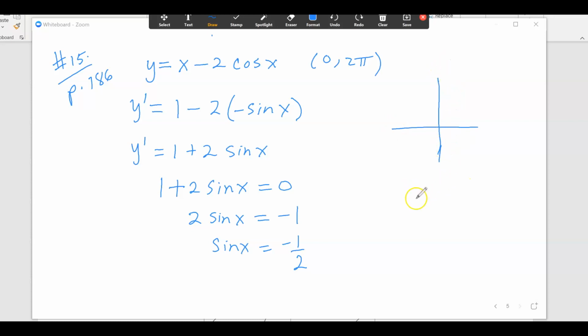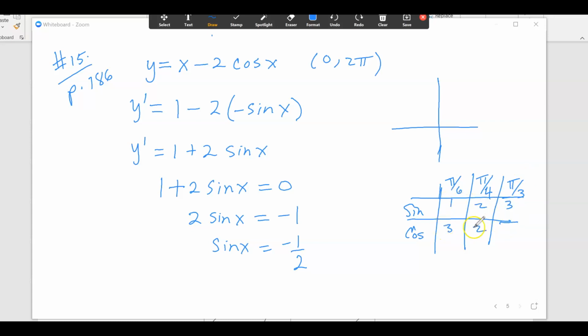Remember the little quick table that I showed you to find sine and cosine? Sine of x, cosine of x. We know pi over 6, pi over 4, and then pi over 3. 1, 2, 3, 3, 2, 1.